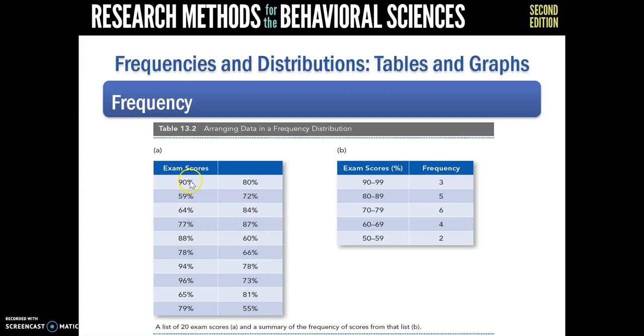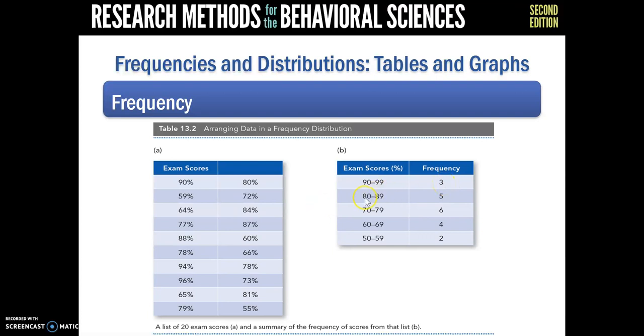Let's say these are exam scores: the first person gets 90%, the second person 59, 64, and so on. You could arrange them into a frequency table like this. From 90 to 99, how many people have 90 to 99? There are 3 people in this class with 90 to 99.